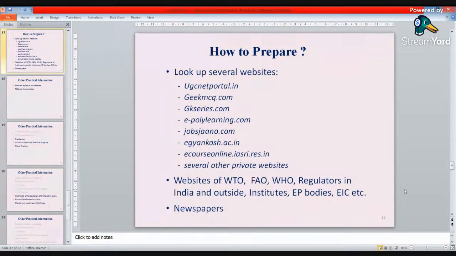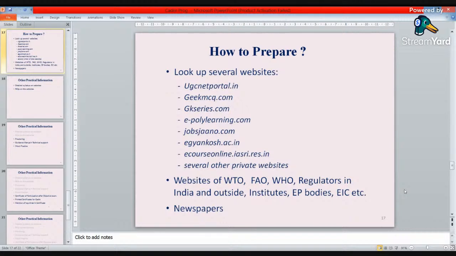How do you prepare? Look up several websites. There are several websites available. There are even websites on objective type questions and case studies. Subject wise: food technology, nutrition, biochemistry, microbiology, food safety. Look up the websites of WTO, FAO.